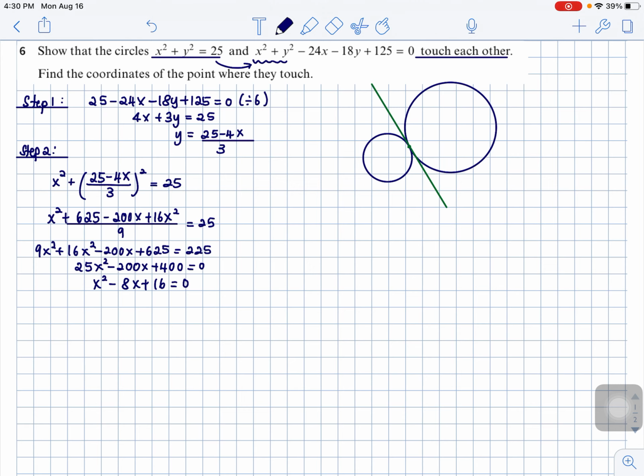Let's see what happens. I can write it as, what does this tell you? This is repeated roots. As there is a repeated solution, then the line is actually becoming a tangent to the first circle.